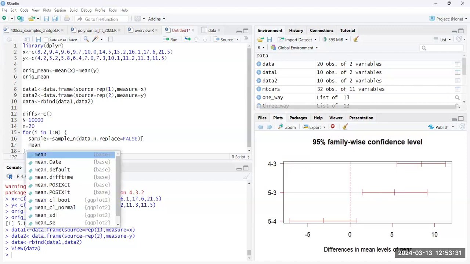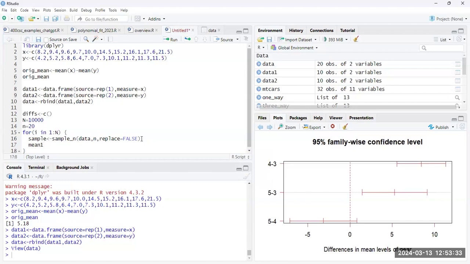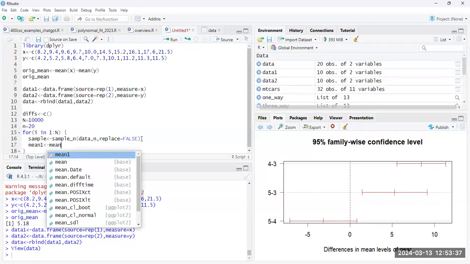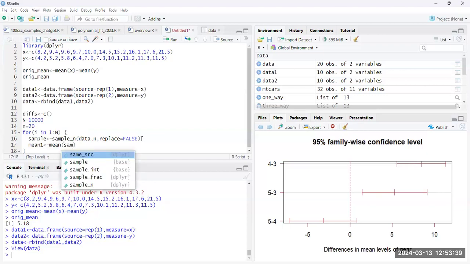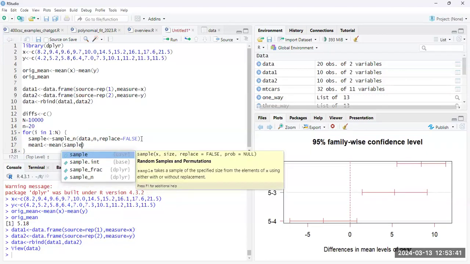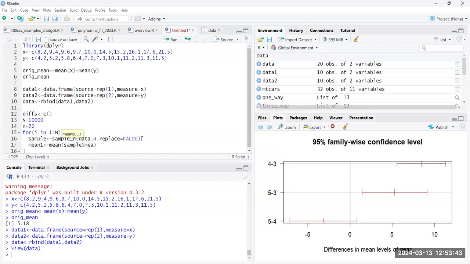And then we're going to take the first 10 values of our data set that we just collected, and we're going to calculate the mean of the measure column, but only the first 10 values.